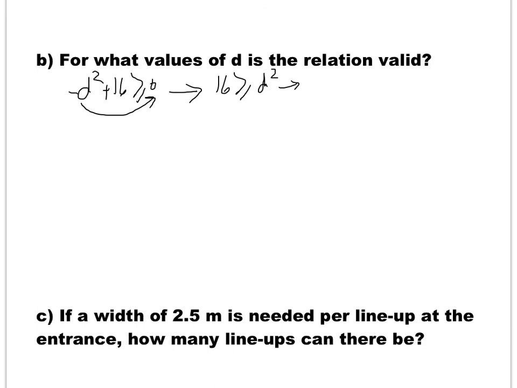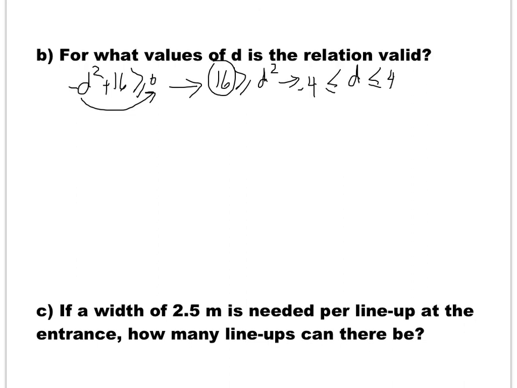If I take the square root of both sides, I get d is less than or equal to 4 and greater than or equal to negative 4. As you can see, any number between 4 and negative 4, if you square it, is going to be less than or equal to 16. So that's the range of values that d takes.